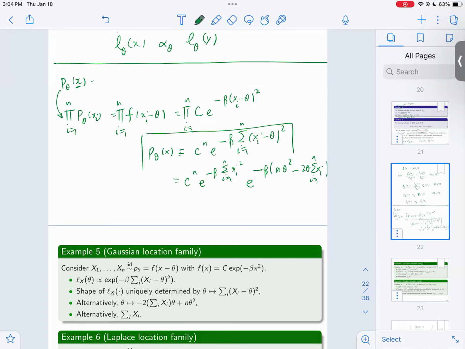So that's a constant. It's proportional to e to the negative beta times 2 theta summation xi, i from 1 to n, minus n theta squared.